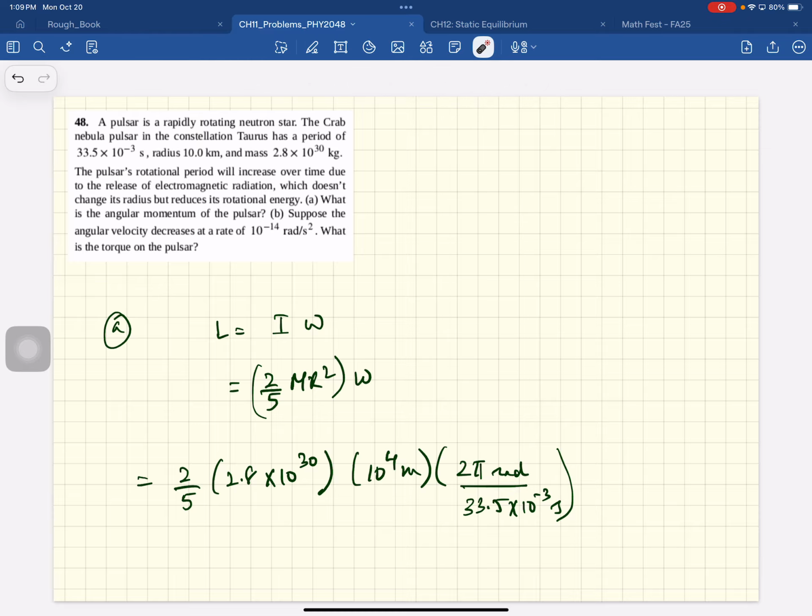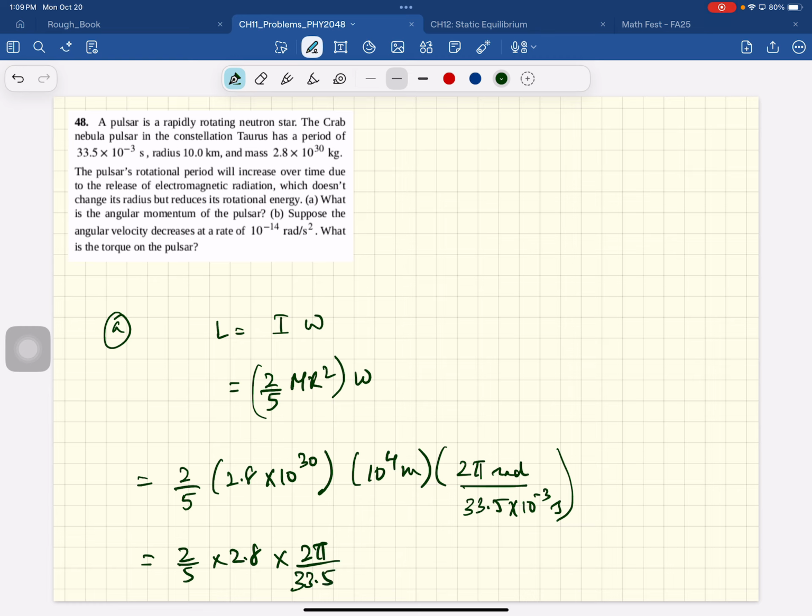Take care of powers of 10; you might want to get in this habit. So this is equal to 2/5 times 2.8 times 2 pi divided by 33.5, times 10 to the 37. And the units for angular momentum are kilograms meter squared per second.